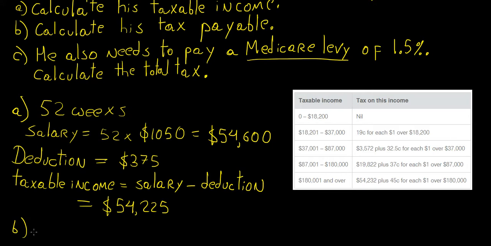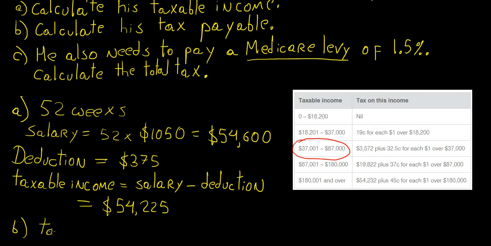So now we go to question B, and we're asked to calculate his tax payable. So tax payable is the amount of tax that he needs to pay corresponding to his total taxable income. So we're going to grab this number and we're going to go to this chart over here so we can clearly see that he would fall within this range here. And basically what this is telling us is that the total tax is going to be this.